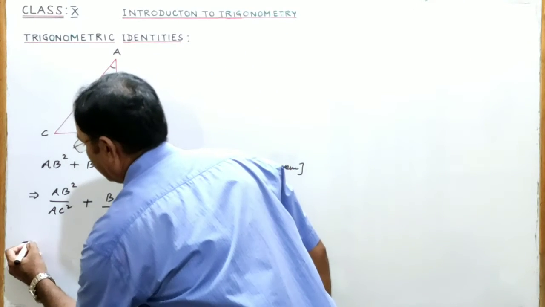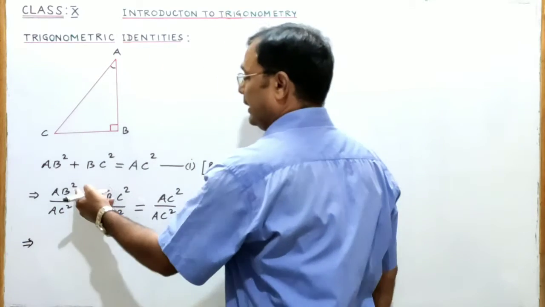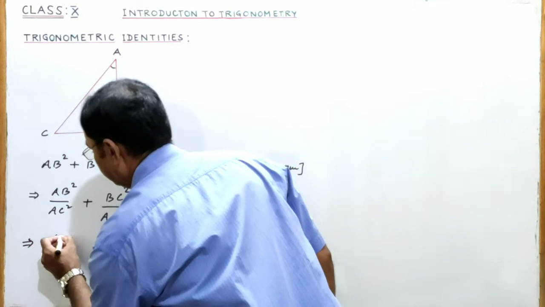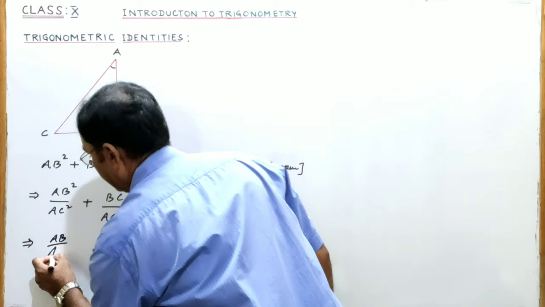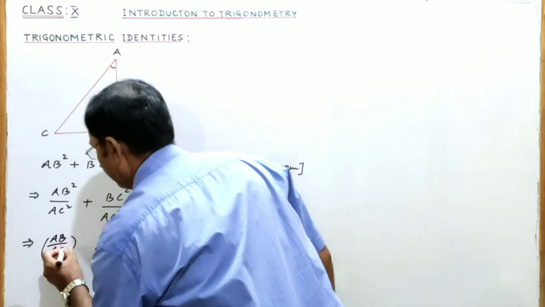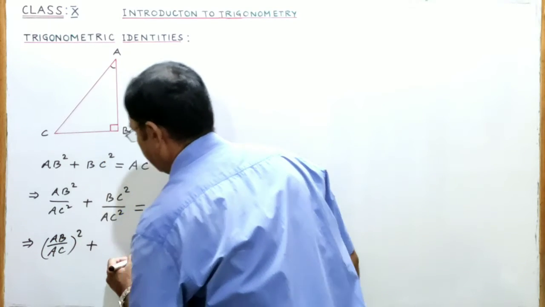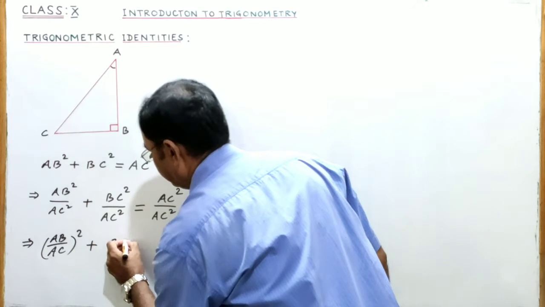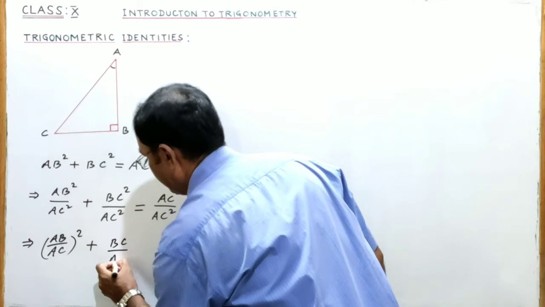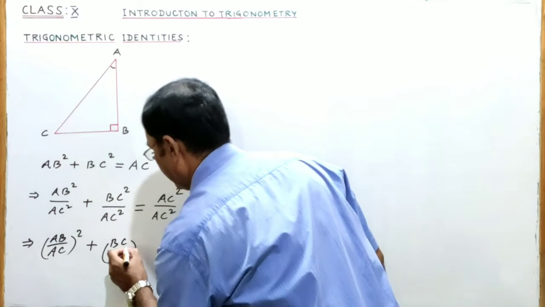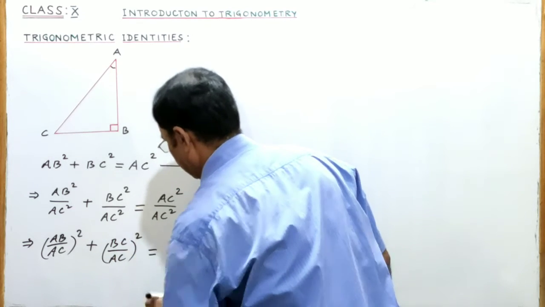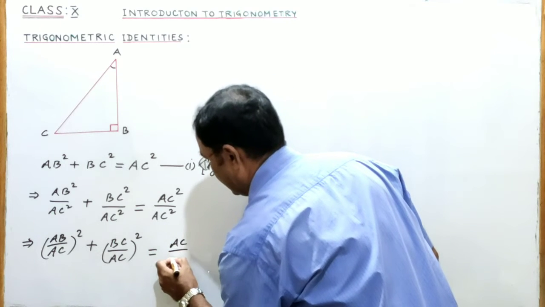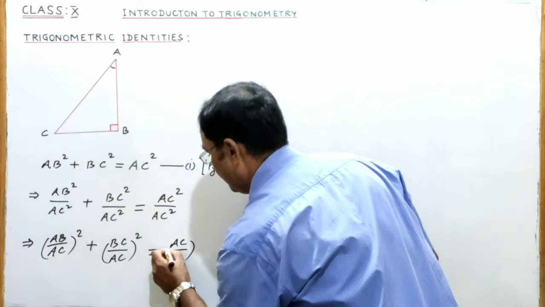This further we can write as AB by AC whole square plus BC by AC whole square equal to AC by AC whole square.